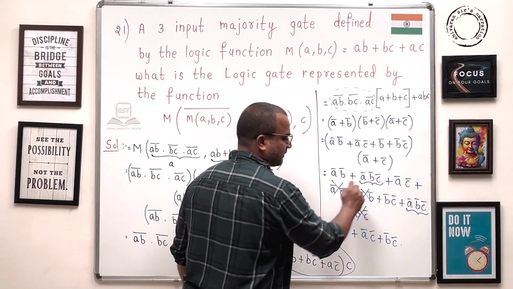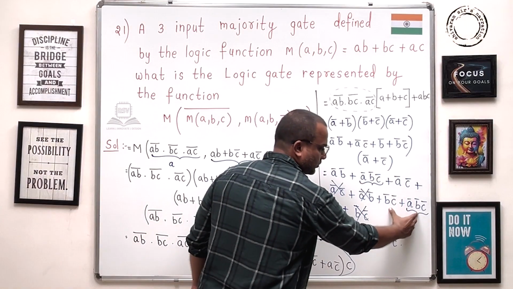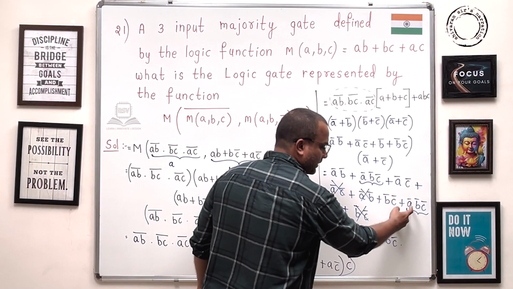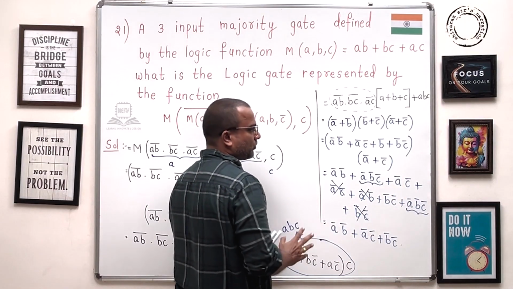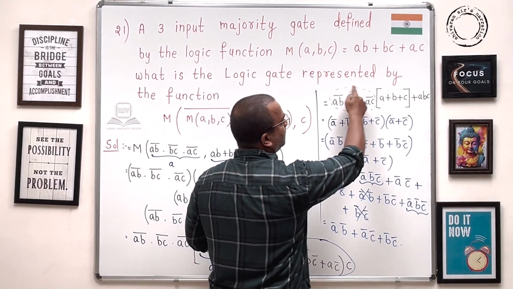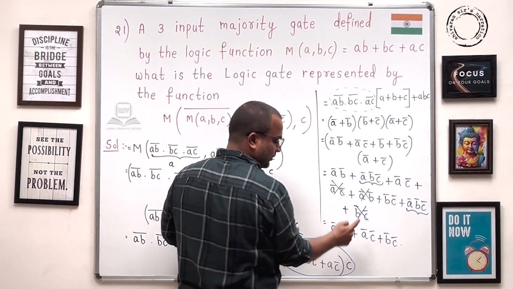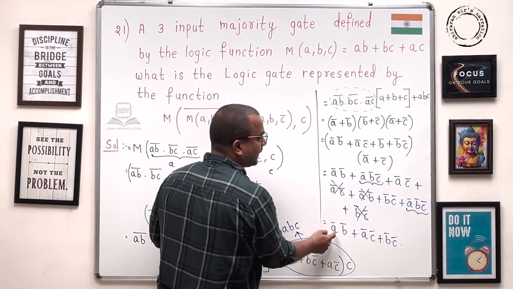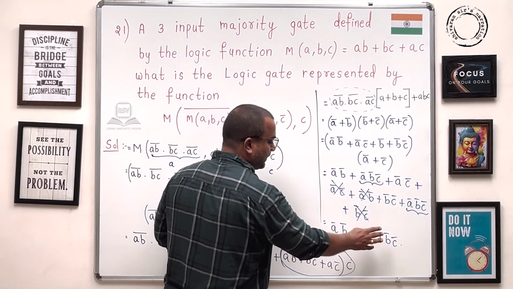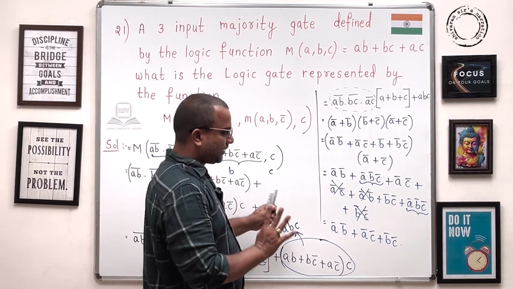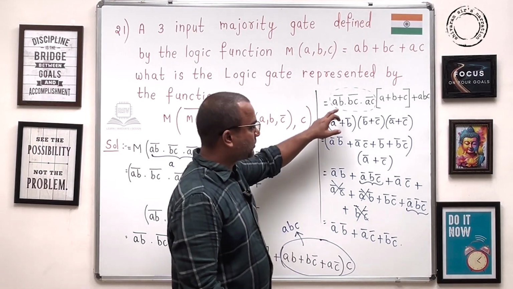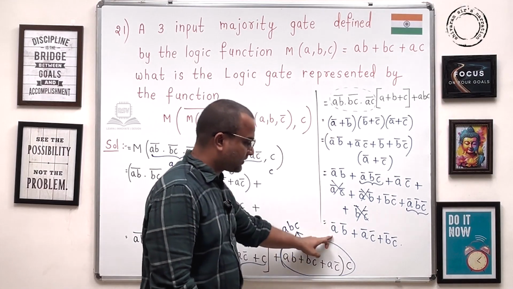So this also vanishes. And you take these two, take B bar C bar common, then (1 plus A bar), right? It vanishes. So this highlighted term gives you the final term as A bar B bar plus A bar C bar plus B bar C bar. This is the term. Hence now again we are going to substitute in place of this one.